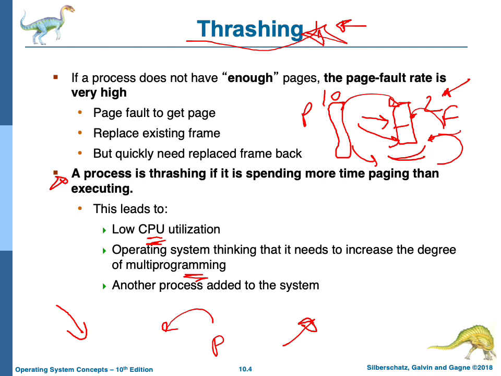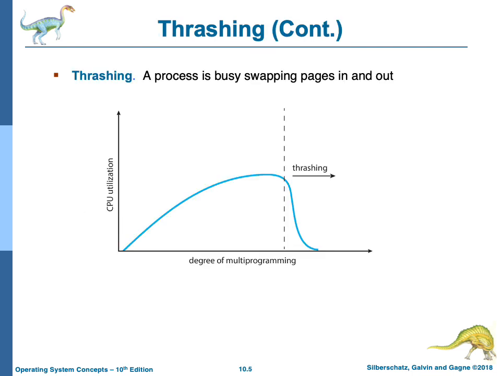And so these processes will again start thrashing in turn, and again the CPU utilization will drop more, and the operating system will accept more processes. And so you can see thrashing in this graph.